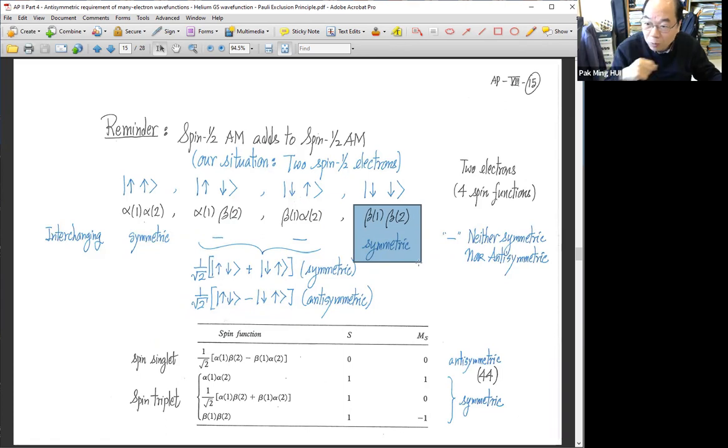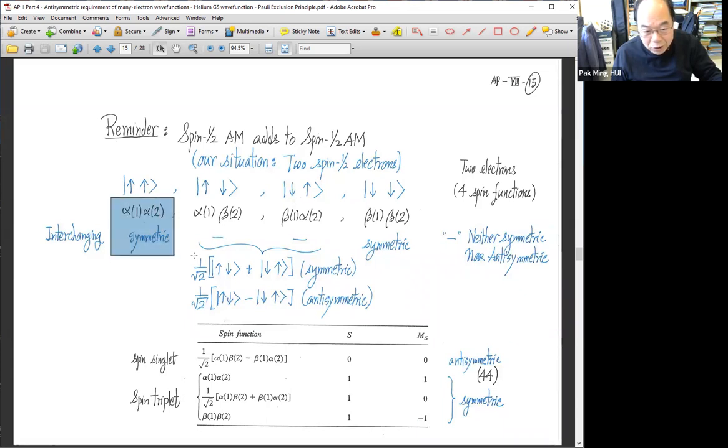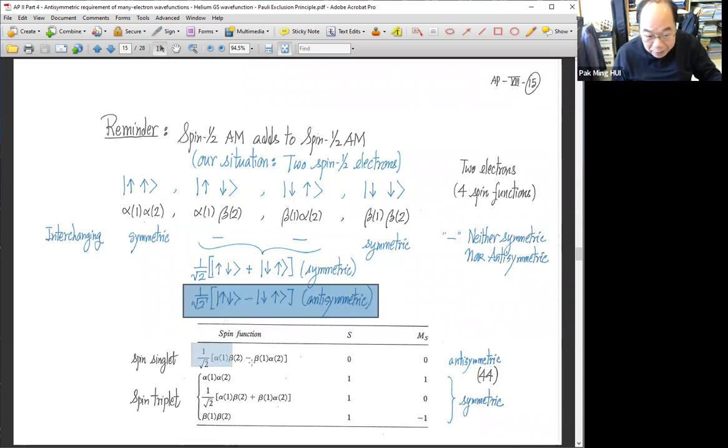Half plus half gives you 1, the longer one. The Z component has three components, and it is these three symmetric ones. This is called the spin triplet. There's another one with S equals 0 and MS equals 0, a single spin state, that is called the spin singlet.